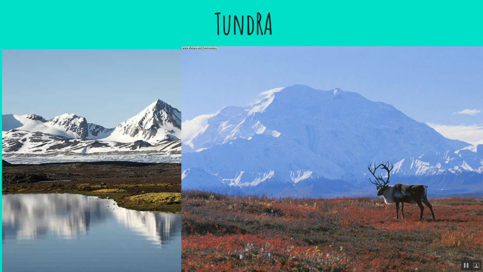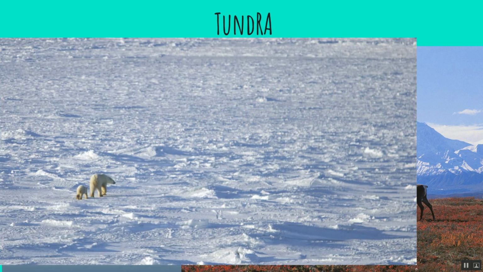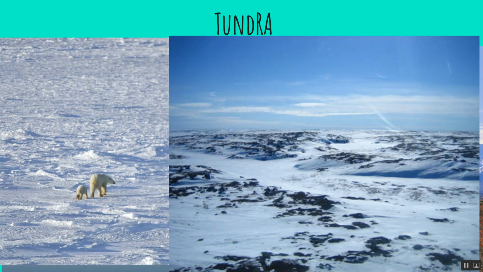Okay, so it does support some wildlife. It supports smaller plants, not large trees. Okay. In the winter, though, it is covered with snow. In the tundra, there's very low biodiversity, and we'll be talking about that word more coming up.